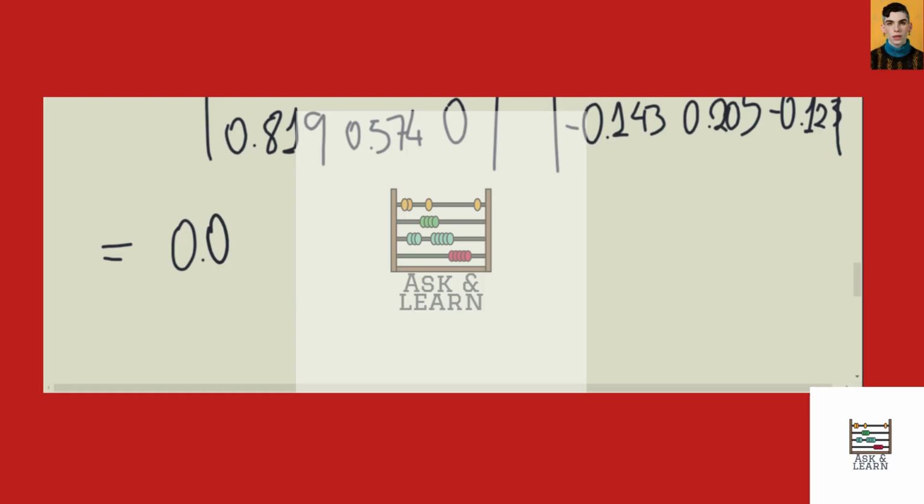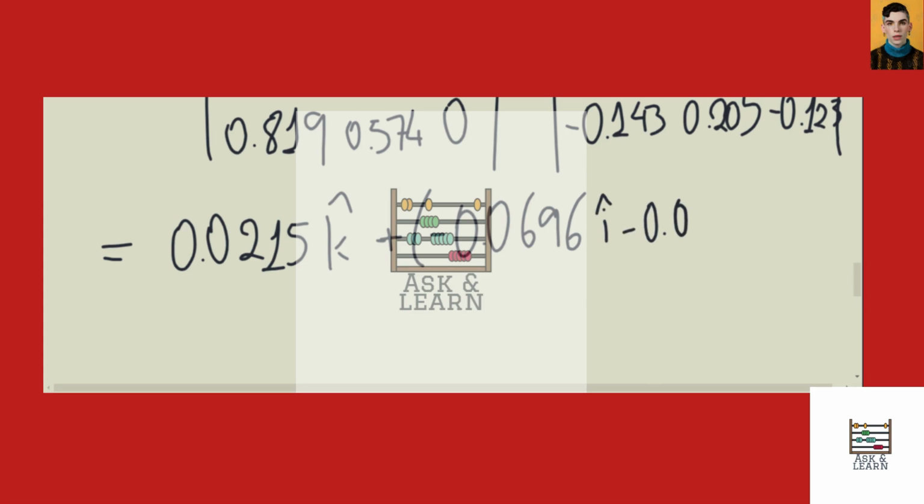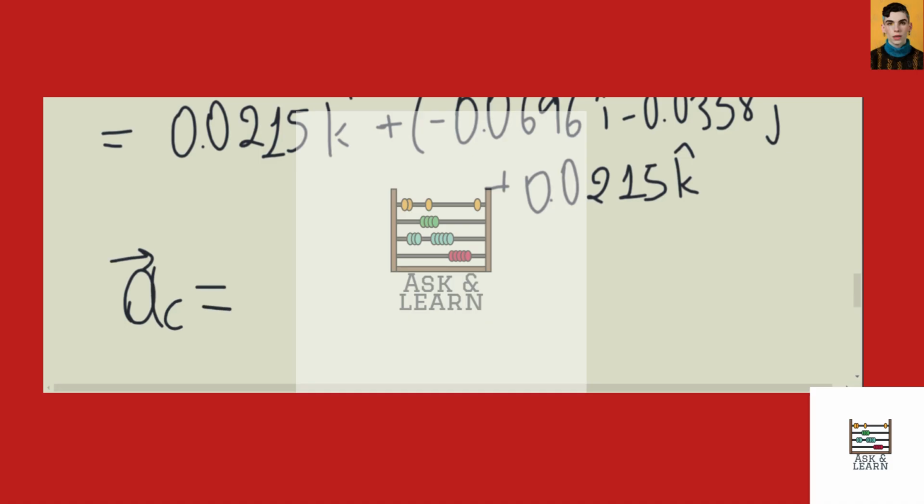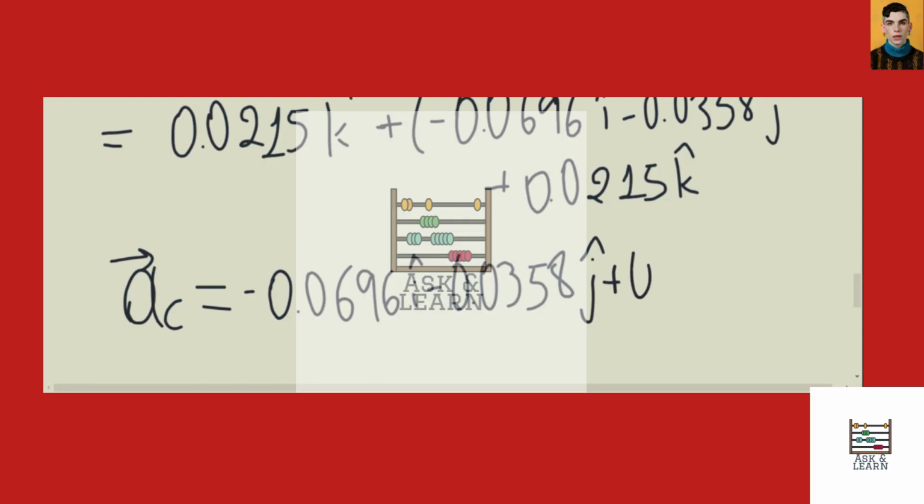First determinant gives 0.0215 k hat, and the second determinant gives minus 0.0696 i hat minus 0.0358 j hat plus 0.0215 k hat, and in total this gives a linear acceleration of 0.0696 i hat minus 0.0358 j hat plus 0.043 k hat.